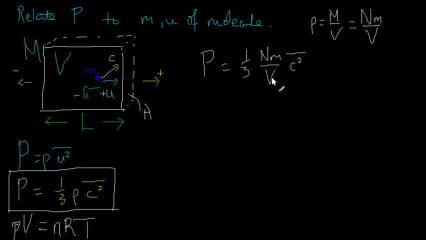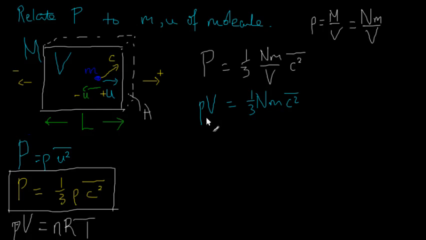Now if I compare this with this, you see that there's some hope here. I have V here and a V here. So let me move the V over to the other side. So PV is equal to 1/3 N M C squared bar.